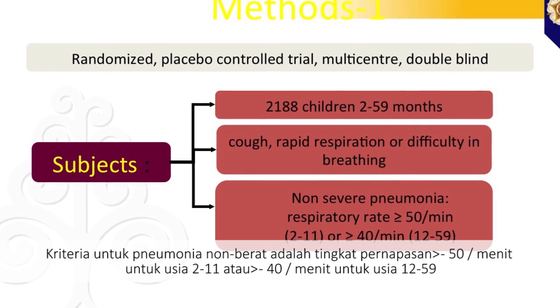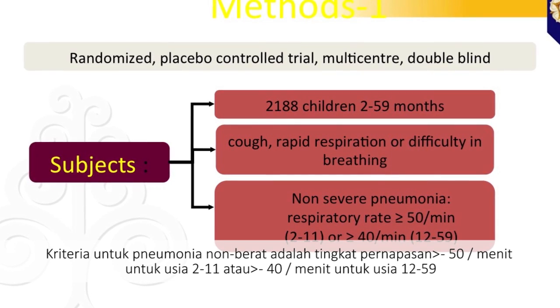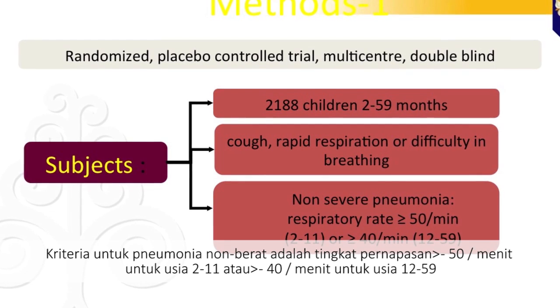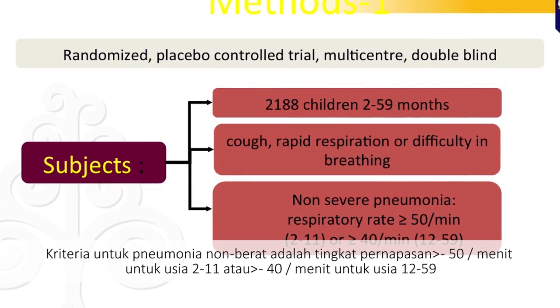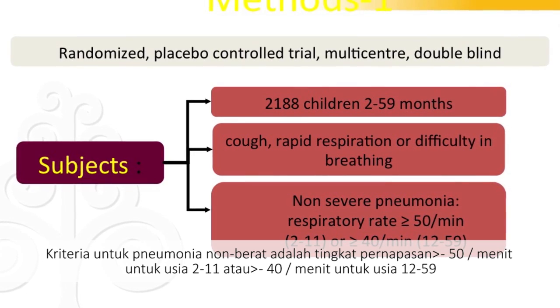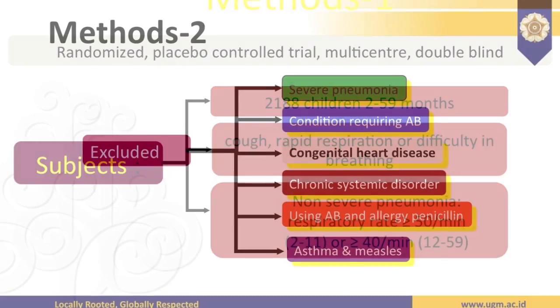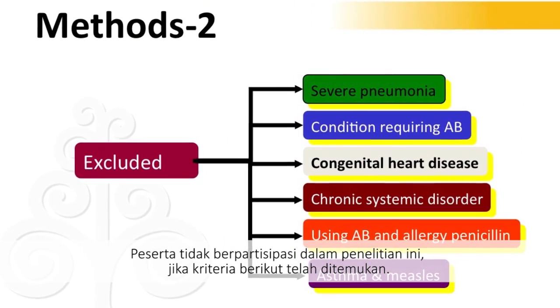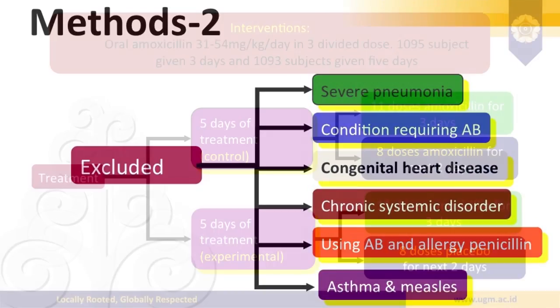Criteria for non-severe pneumonia is respiratory rate more than 50 per minute for age 2 to 11 months or more than 40 per minute for age 12 to 59 months. Participants will not participate in the study if the following criteria are found.